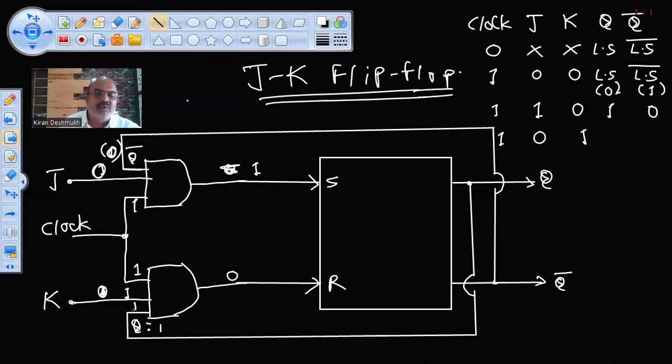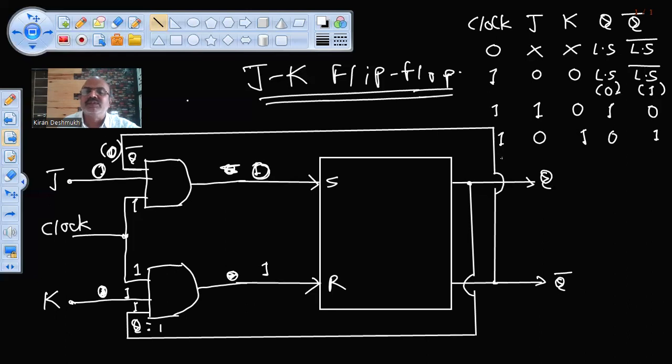So all the three inputs to the lower AND gate are 1. The output of this AND gate will be 1. Output of the other AND gate will be 0, no doubt. When it is 0, 1, what will happen? When R is 1, Q will become 0 and Q bar will become 1. These are the normal states.